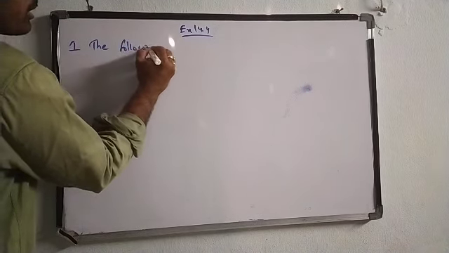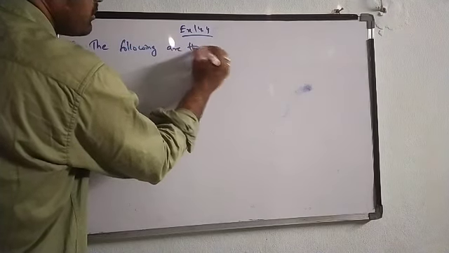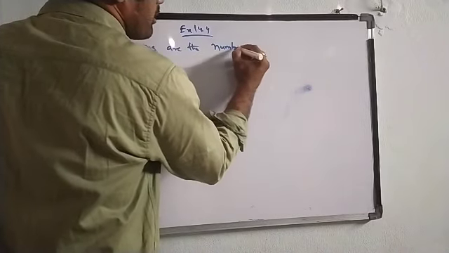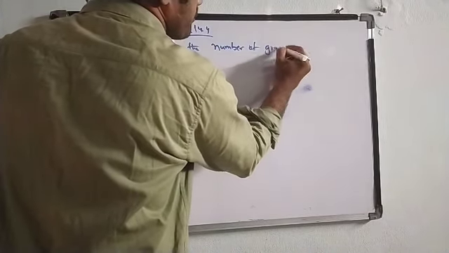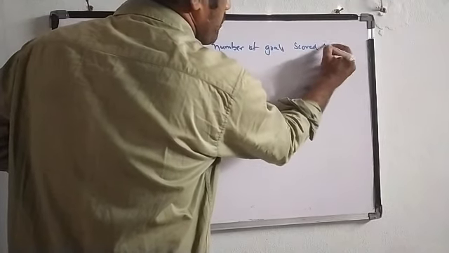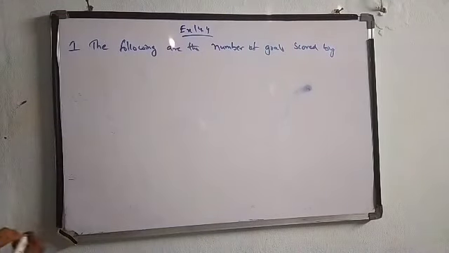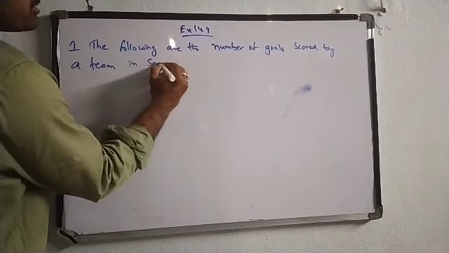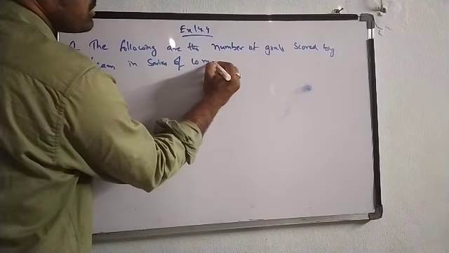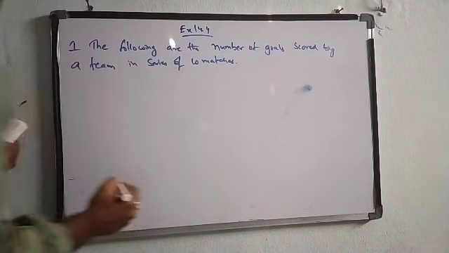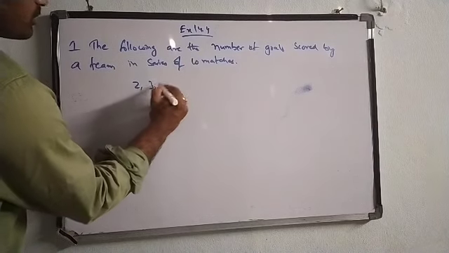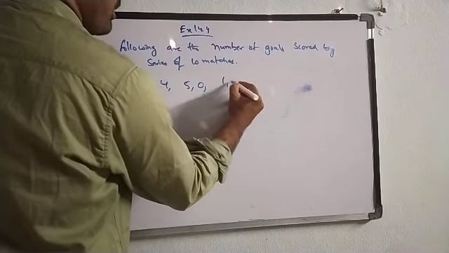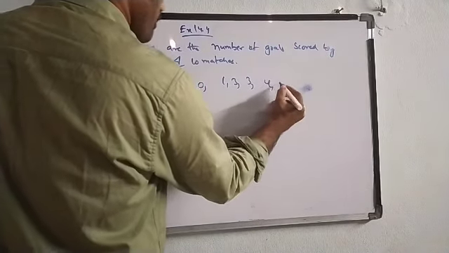The following are the number of goals scored by a team in a series of 10 matches: 2, 3, 4, 5, 0, 1, 3, 3, 4, 3.